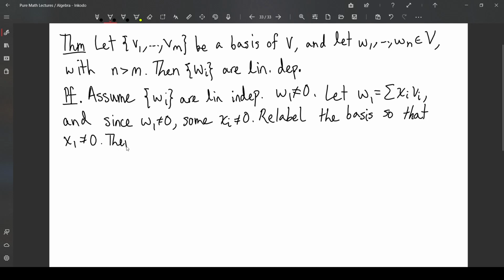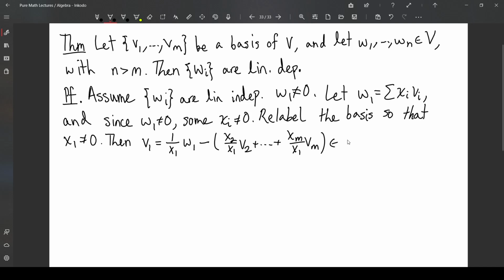So with x1 not equaling 0, okay, then we can solve for v1. So v1 is going to be 1 over x1 w1 minus, and then we have essentially the rest of the v terms: x2 over x1 v2 plus and so on, all the way up to xm over x1 vm.